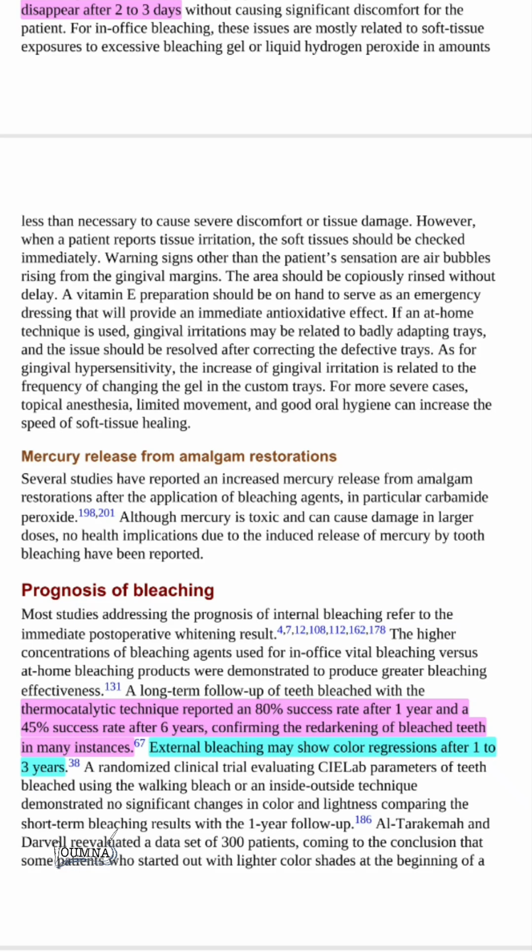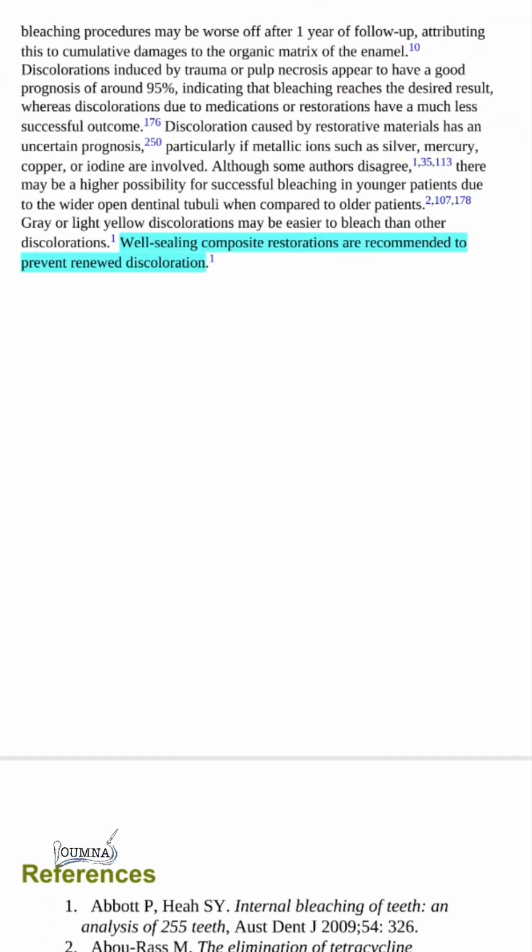The combination of the external bleaching in office and the home bleaching will give us the optimum results, and internal bleach can save a lot of teeth from going under restorative treatment that is not necessary. That's it. Salam.